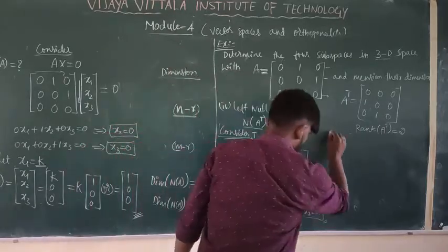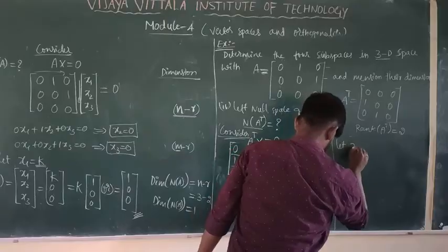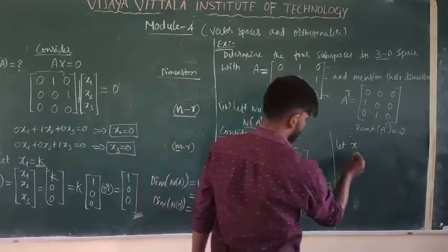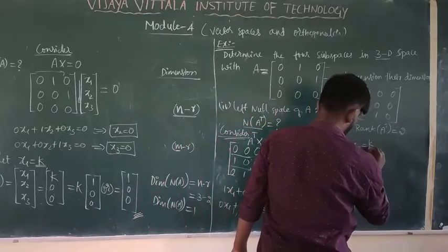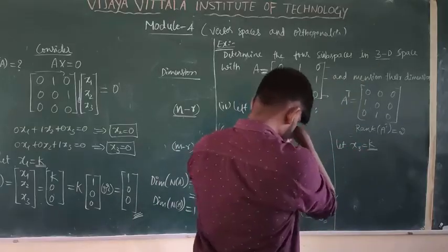Therefore, x1 is 0, x2 is 0, and let x3 be some scalar quantity k.